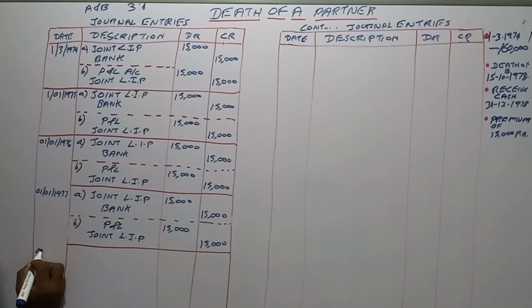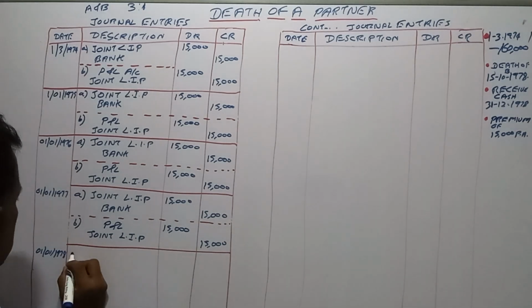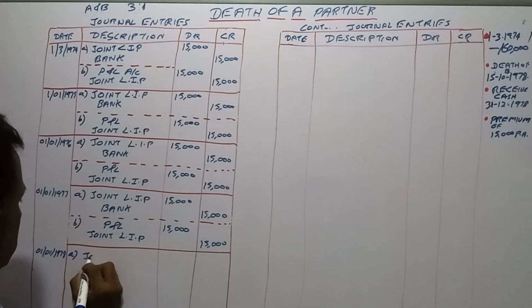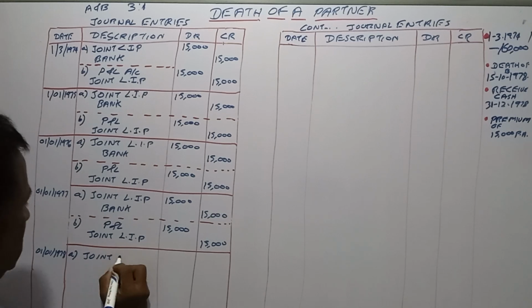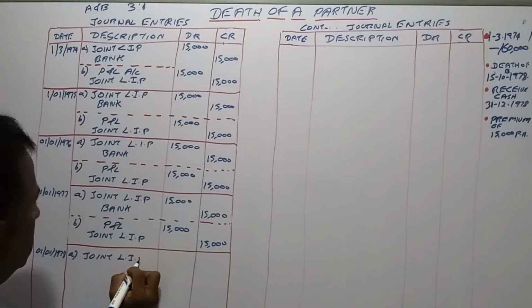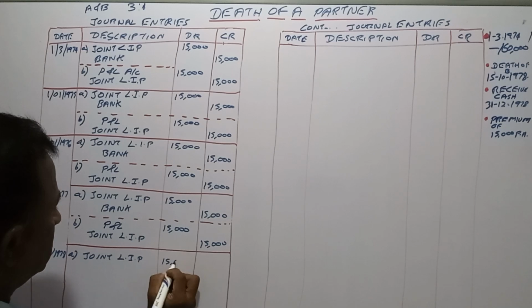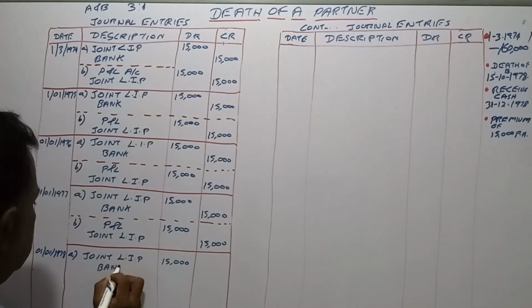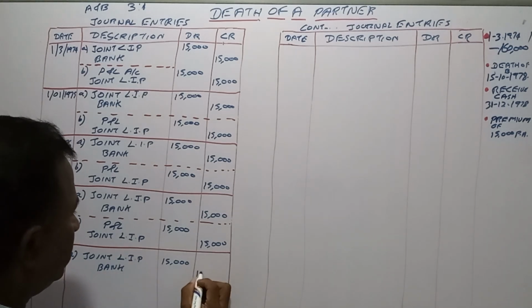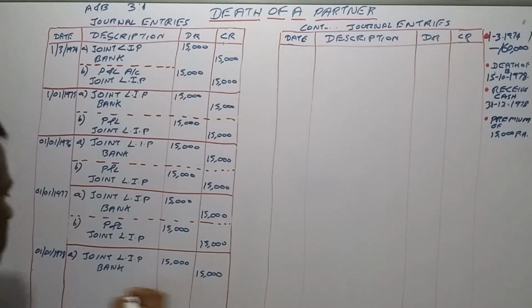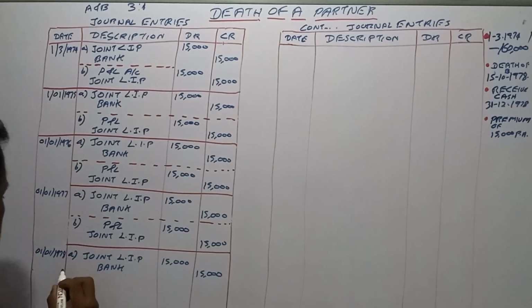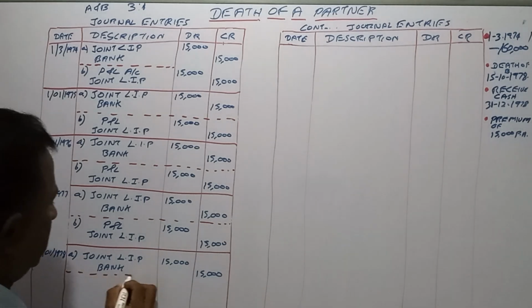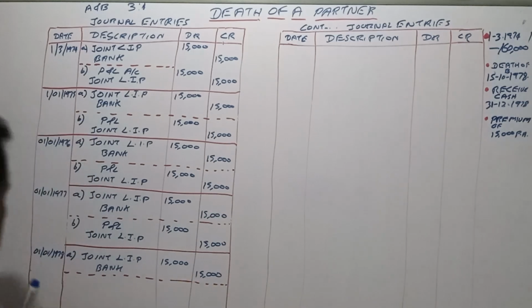Again on 1st of January 1978, we pay joint life insurance policy of 15,000, bank account credit 15,000. This is the entry for the payment made, right?